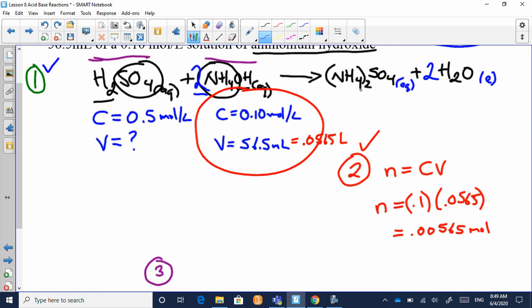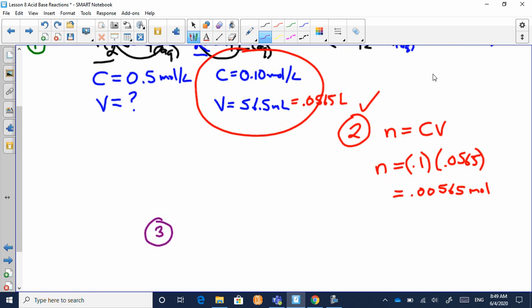I'm not interested in the salt or the water. I'm not interested in the products. I'm only interested in the reactants in this one. So I set up my ratio, and I say, okay, well, ammonium hydroxide to H2SO4. I can always get one of my ratios from my balanced equation, so it's a 2-to-1 ratio.